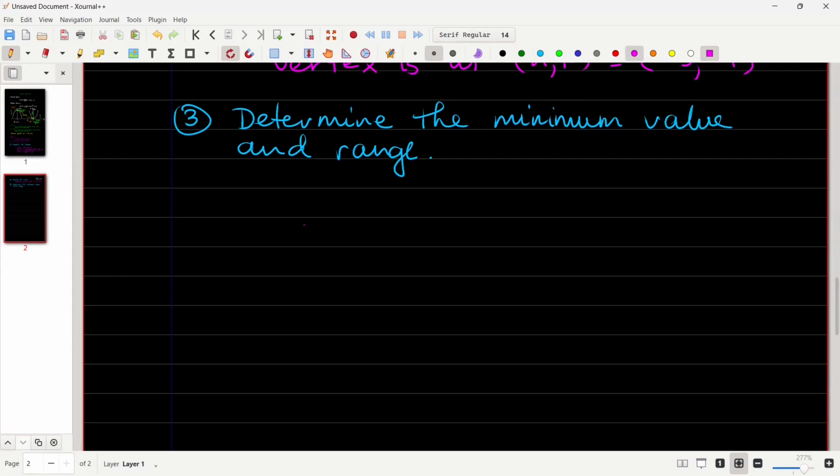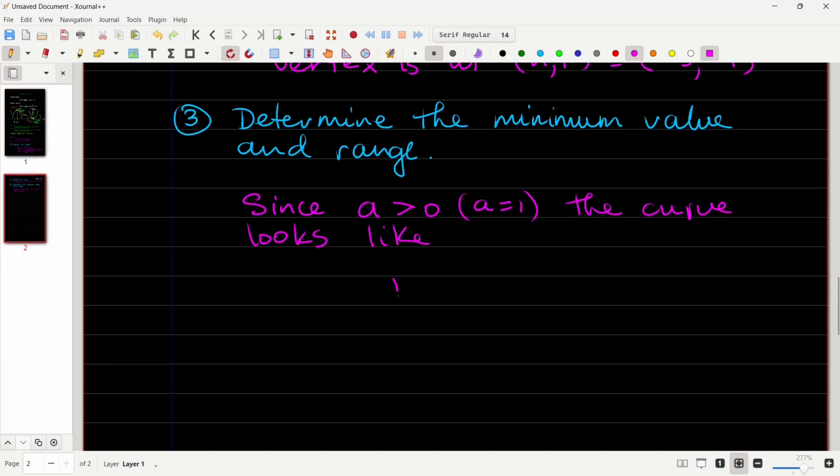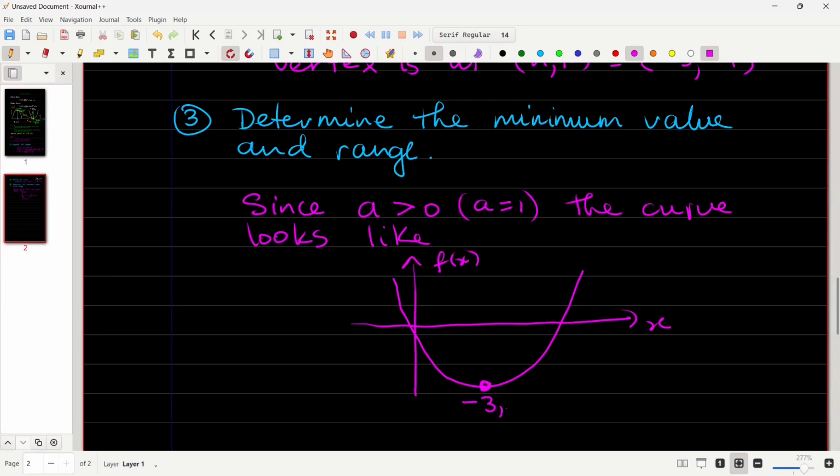So I'm going to say, since a is greater than 0, and in this case a was equal to 1, the curve looks like this. Let's say this is x, this is f of x, and here is going to be the point (negative 3, negative 4). I don't have to do all of this. I can just simply state that it's a minimum curve, and just work from there.